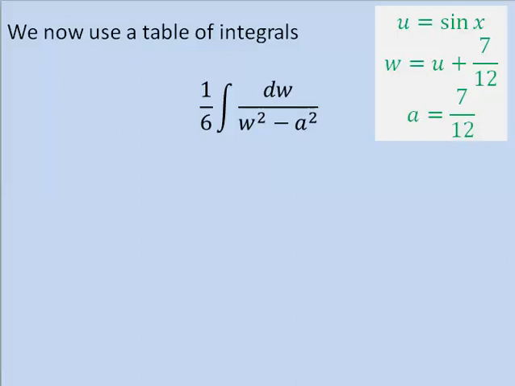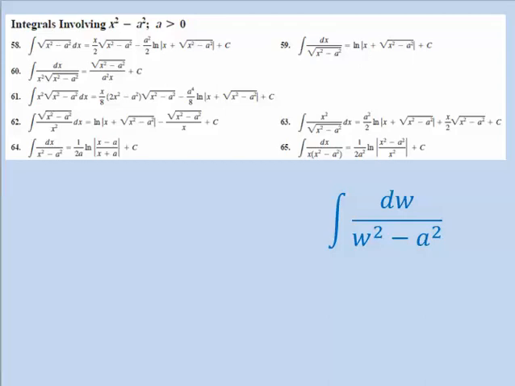I'm looking for that in a table. This piece of the table came from the back of your book, and I just cut out the piece that I'm interested in. I'm looking at integrals involving variable squared minus number squared.